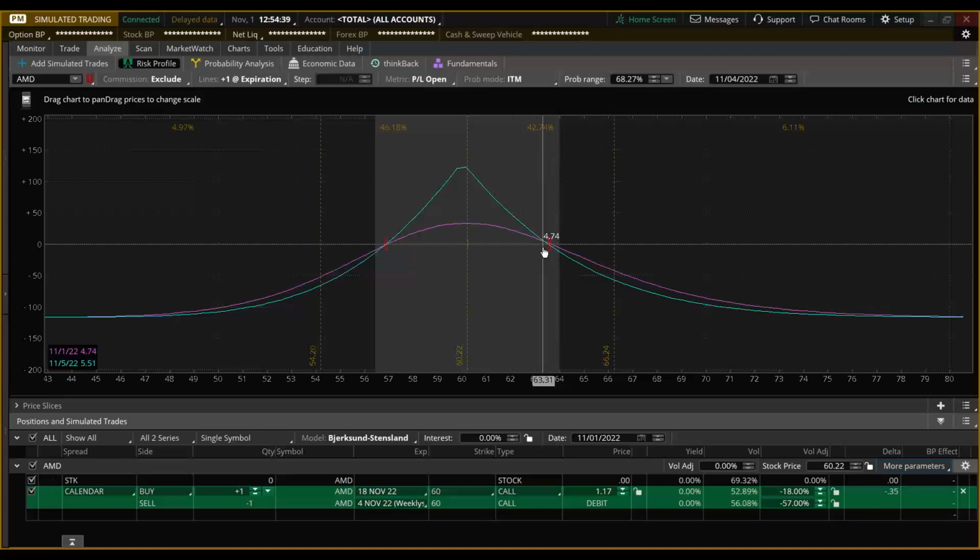Without modeling in those IV crushes, the modeling software gave me a false impression of where the profit window was. In my opinion, this is a much more accurate impression of where the profit window is, and it's still pretty good. It consumes almost all of the one standard deviation extended out until the front expiration day.